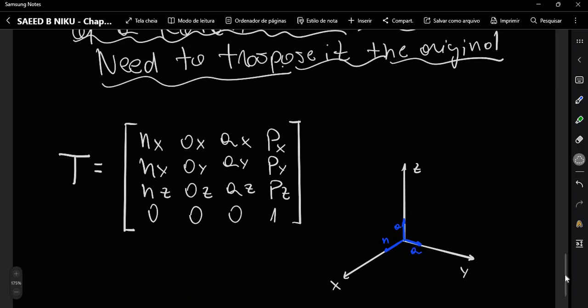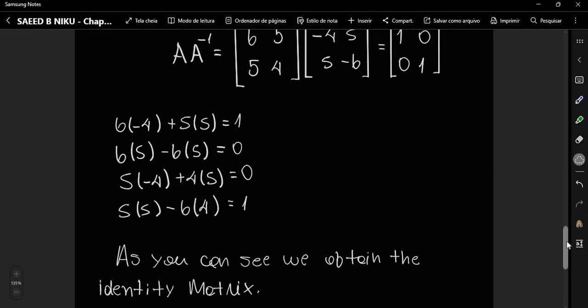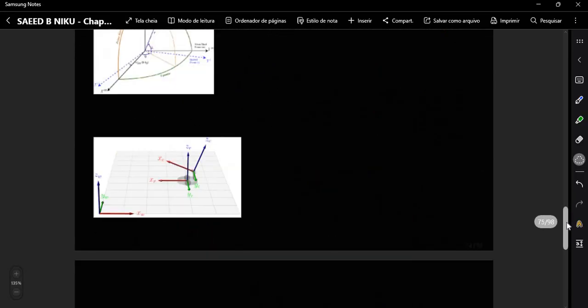And let me see something. Reference system is different from framework. And let's see the difference.